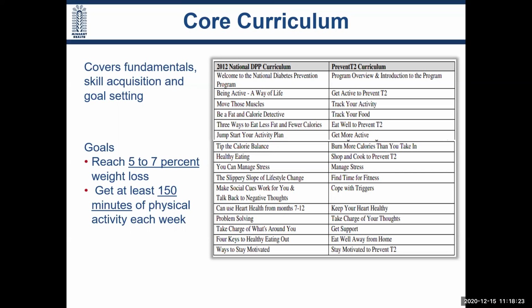Under the PreventT2 curriculum, you can see: track your activity, track your food, eat well, get more active. Those are really fundamental, teaching participants how to look at labels, how to be active, and then how to track those things in order to be successful with their goals. The goals during this phase are to reach 5 to 7% of weight loss and to get at least 150 minutes of physical activity each week.